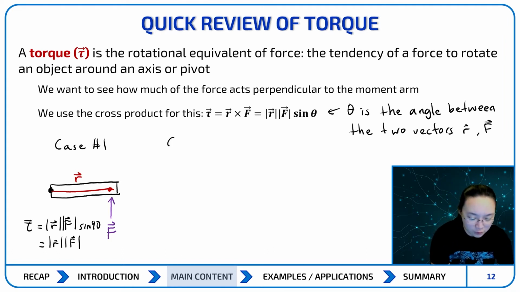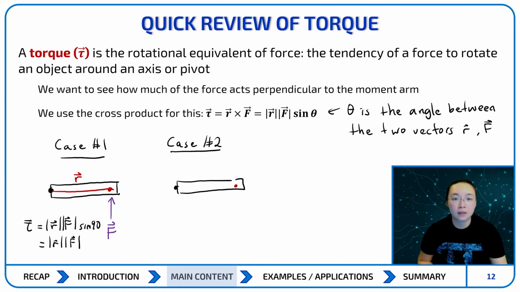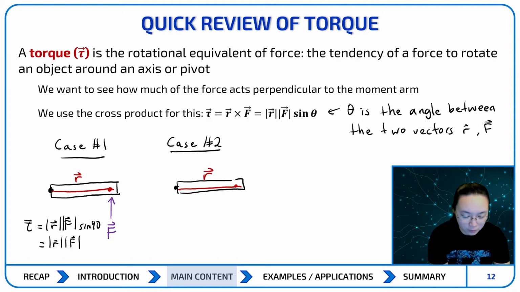Now with case number 2, we'll use the exact same thing. Maybe we have our hinge here for our door. Let's apply a force, also in the same location. It means that we're going to have R going this way.